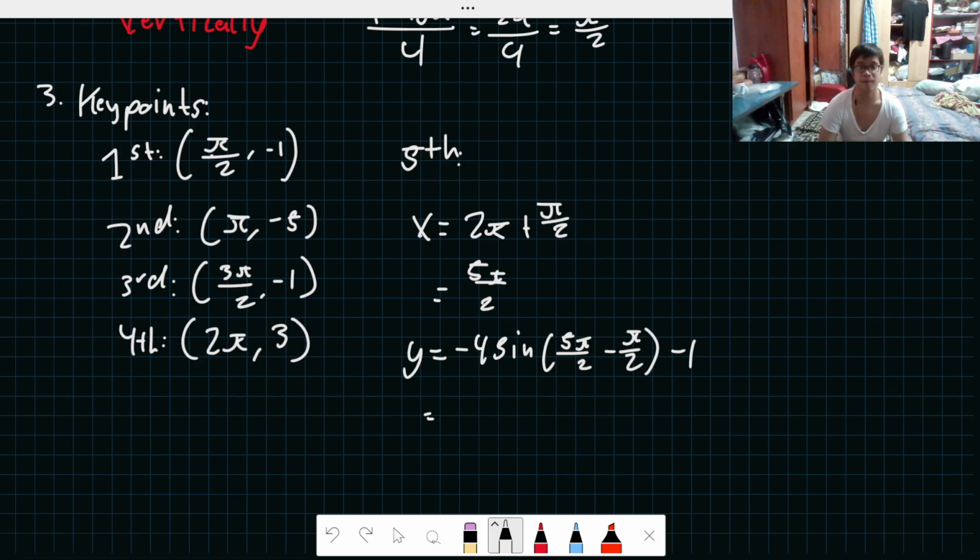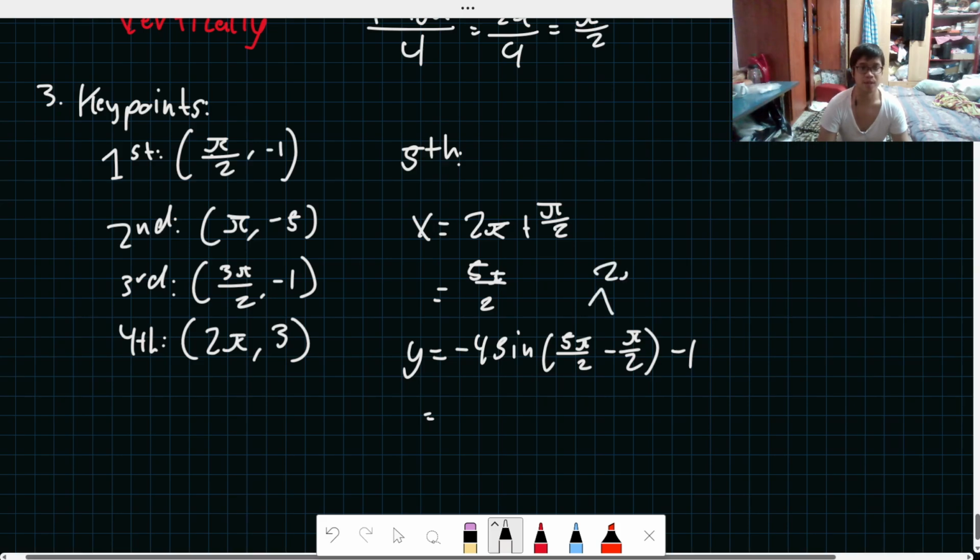So that would be 4 pi all over 2, which is 2 pi. So negative 4 times sine of 2 pi will give you 0, then minus 1, negative 1. So therefore, you get 5 pi all over 2, negative 1. Okay, that's it. So that's your fifth key point.